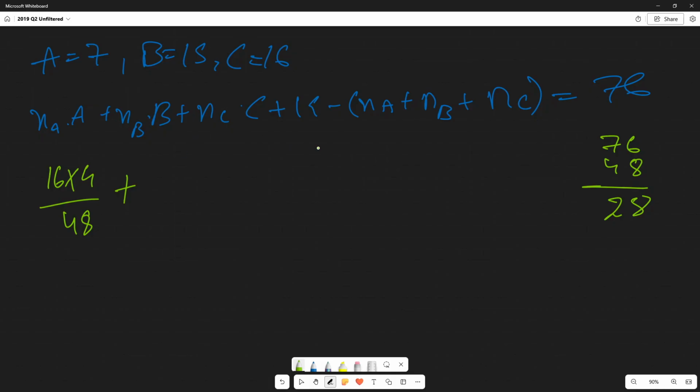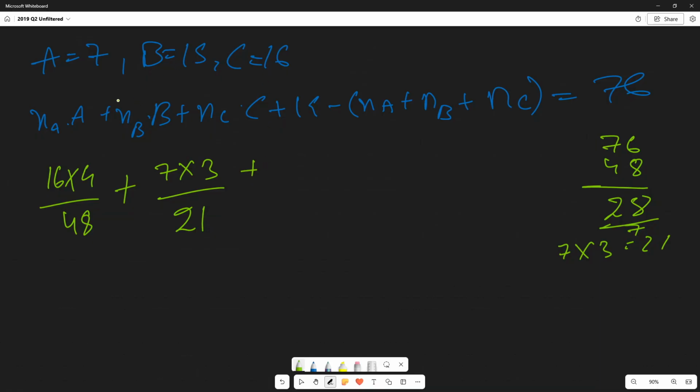We can take 7 into 3. What is 7 into 3? 21. So we are still remaining with 7, right? So we take 7 into 3, 21.